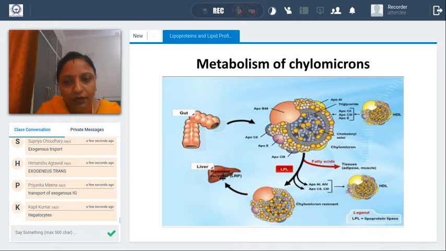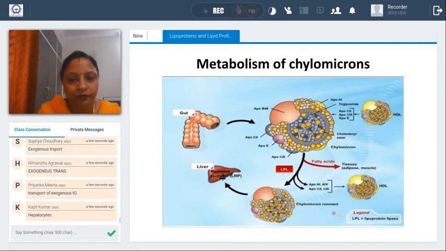And again ApoC2 is returned to HDL, and this is called the chylomicron remnant. And you can see the remnant receptors here.